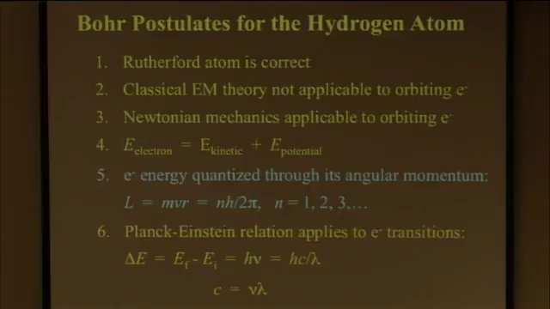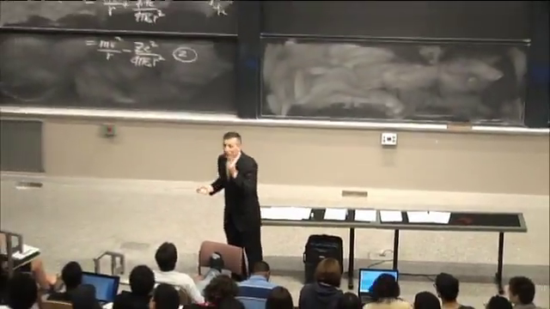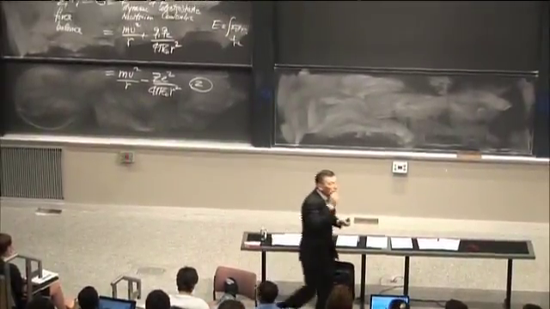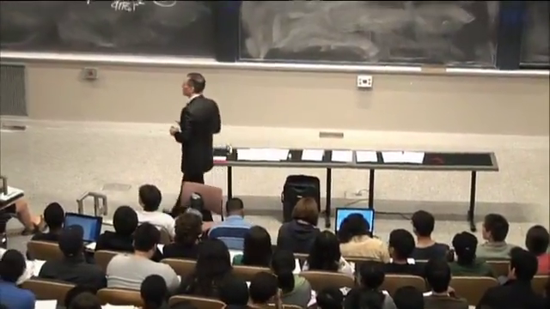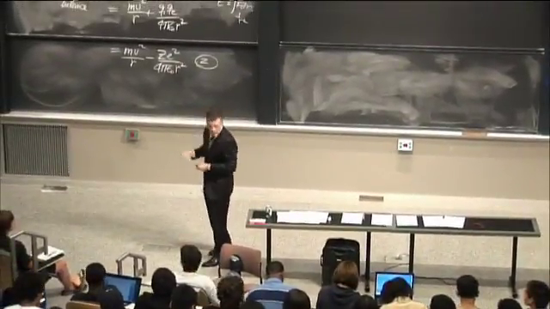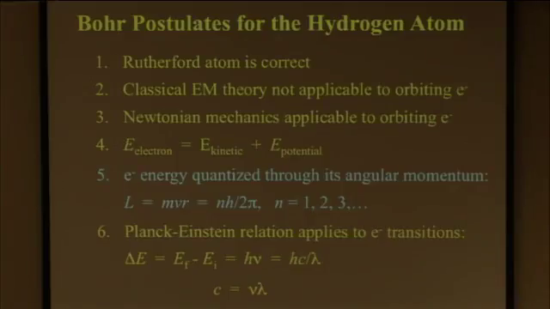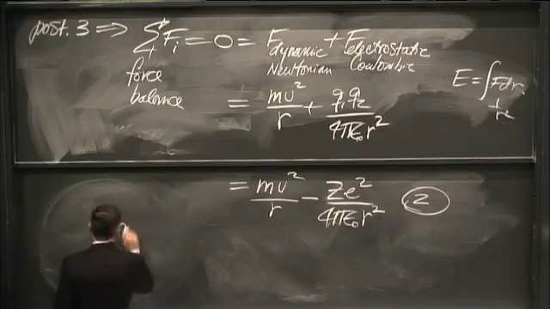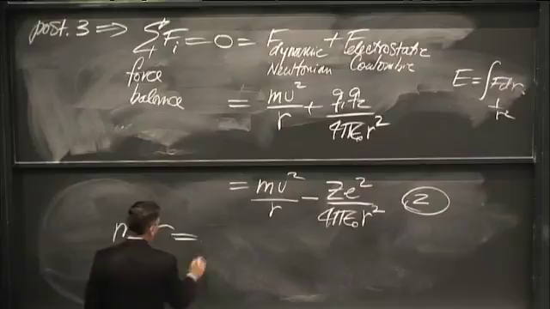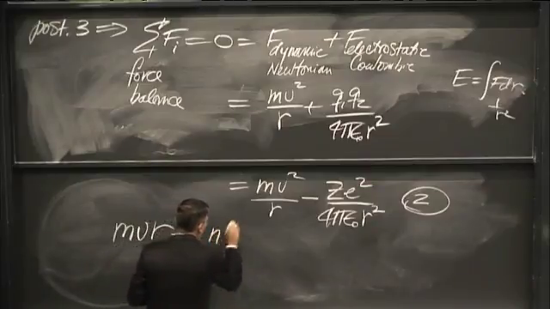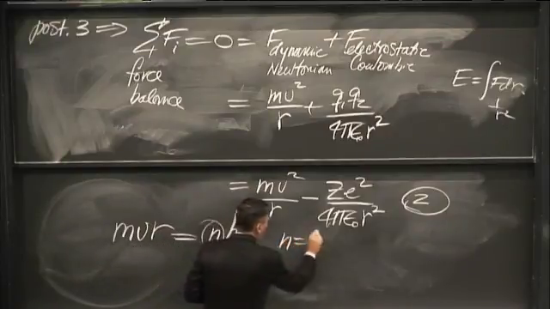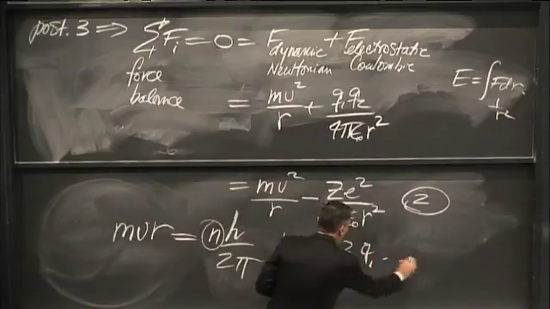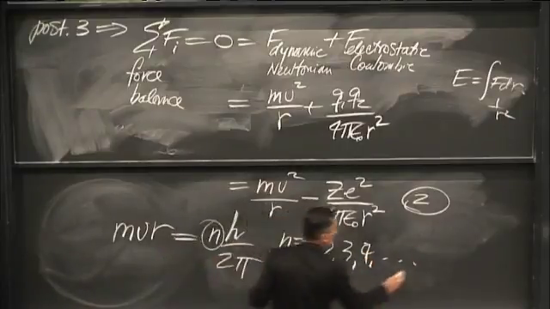Now what Bohr is going to say is, for the electron moving in orbit, I'm going to apply the same concept of quantization to the electron moving in orbit. Well, that's different. And using this value, he gives us mvr, the angular momentum, is quantized: nh over 2π. h is the Planck constant, and n is an integer, 1, 2, 3, 4, etc. So this is the quantum condition, and this will be equation 3.